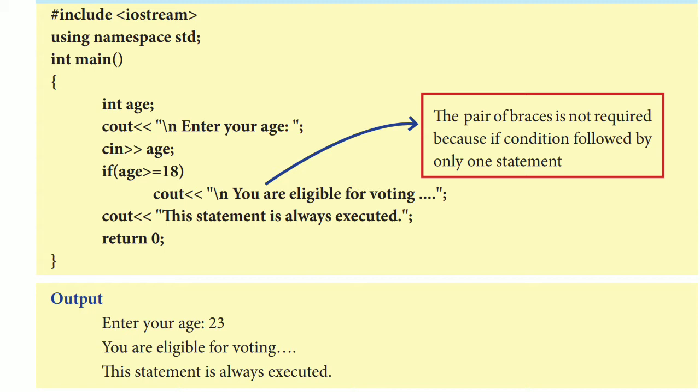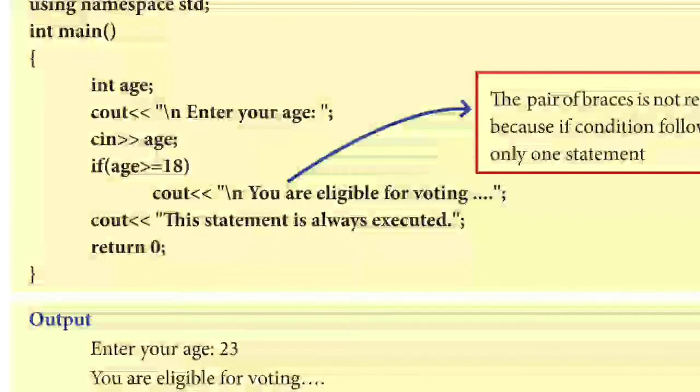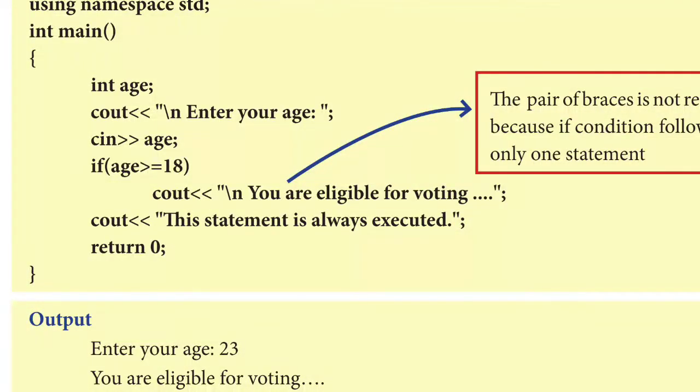Okay, so now here you can see that it is checking the condition: if age is greater than or equal to 18, then the next statement after this if statement is the true statement. Even if you want to create multiple statements, you can use curly brackets to create a block of statements for when this if condition is true.